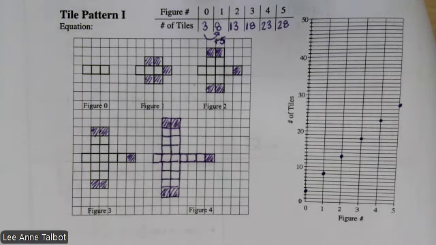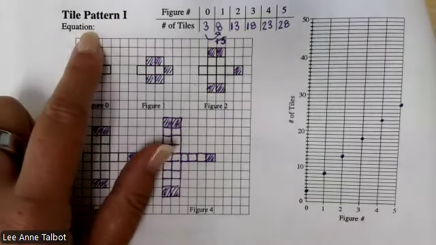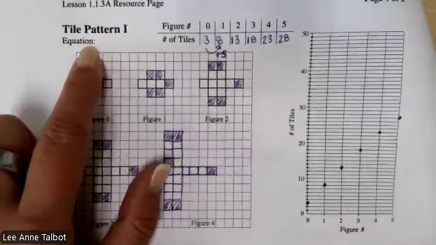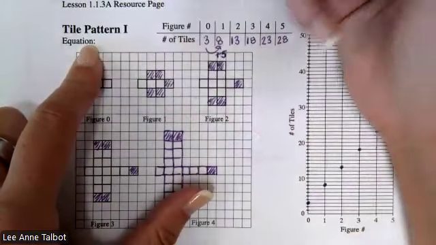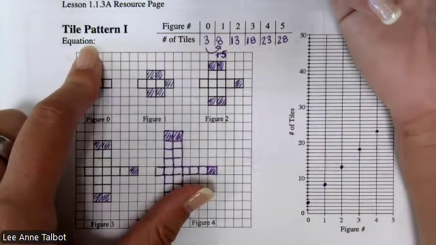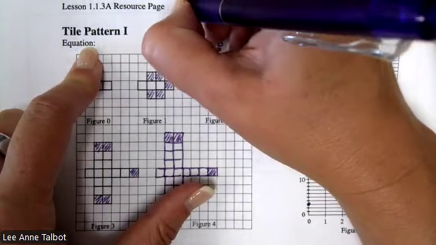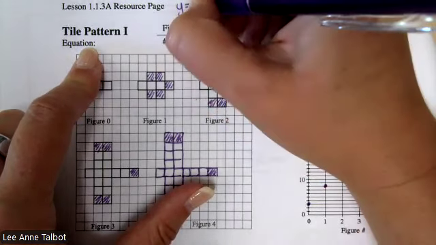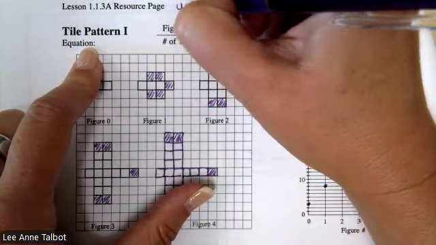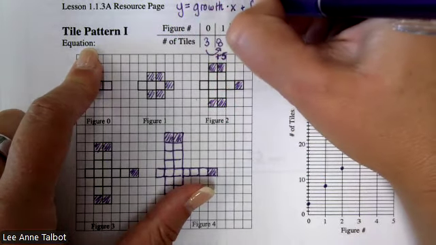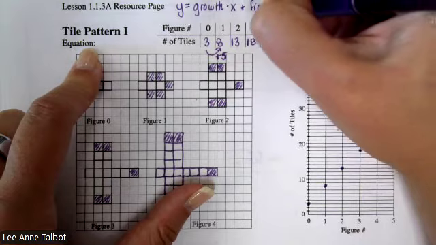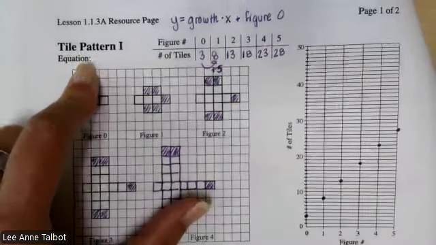Okay, last thing for this tile pattern is the equation. And this I saved for last because I wasn't sure if everybody remembered how to do it. I'm sure this is 8th grade, but it's been a while. It goes like this: y equals growth times x plus figure 0.